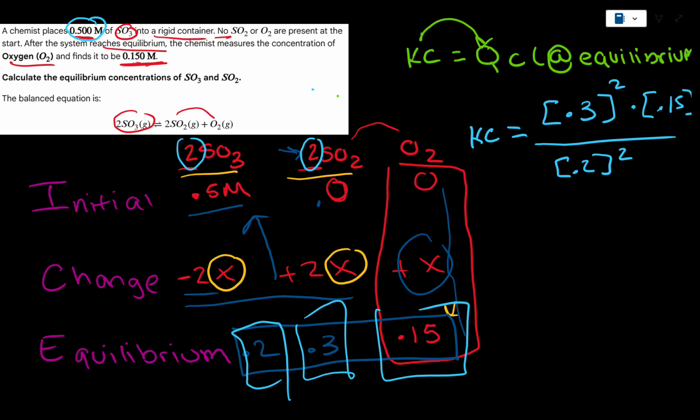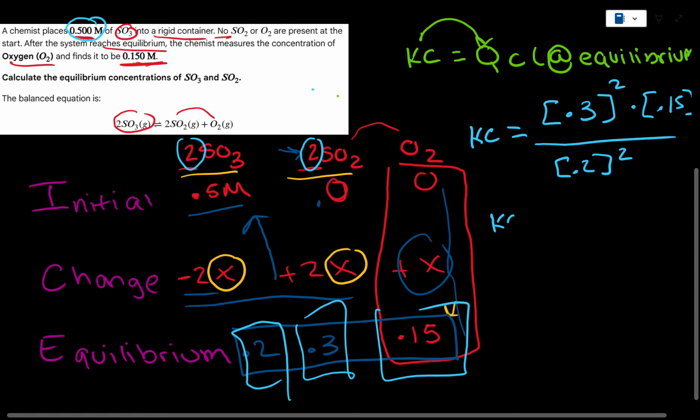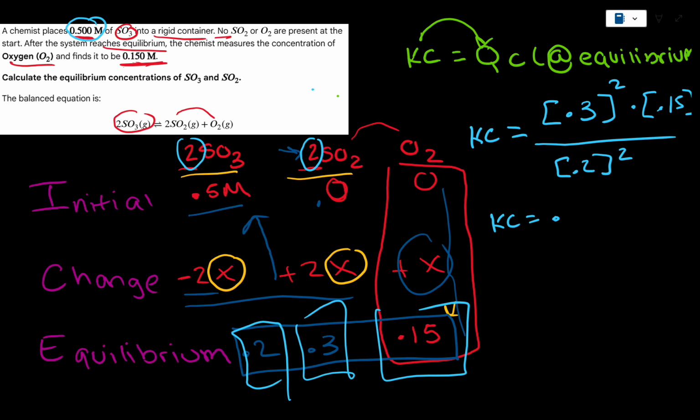And then once you plug this into your calculator, I'm going to do 0.3 squared. That's going to equal 0.09 times 0.15. That's going to equal 0.0135 divided by 0.2 squared. And you're going to get 0.3375.